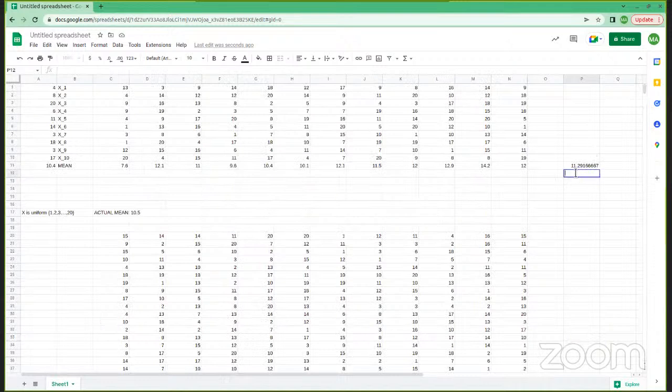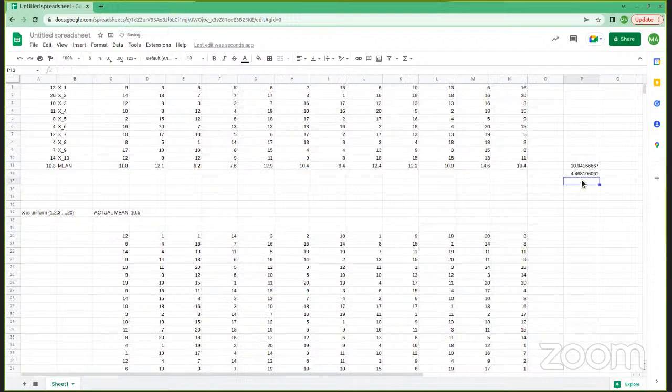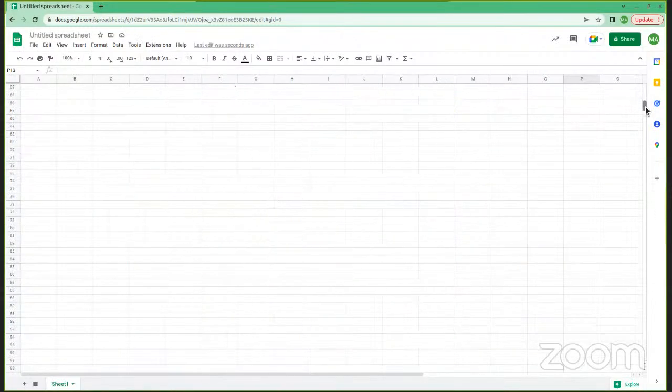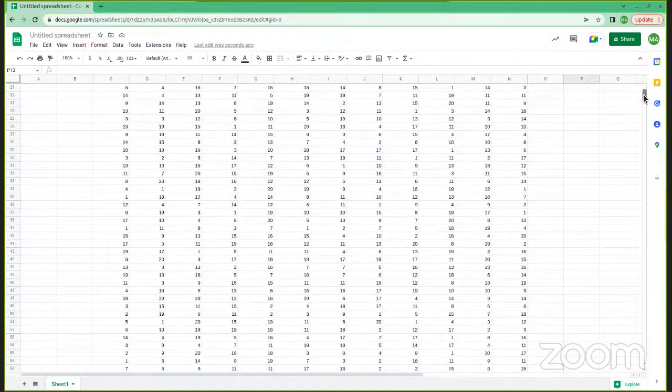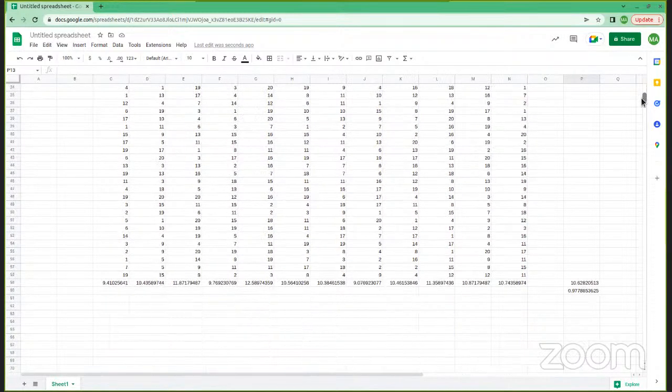Let us compute the variance here. Variance of C11 to N11. See, the variance is actually 4.468 something. Here the variance is somewhere around 0.977. Correct? Okay, can you see the difference?